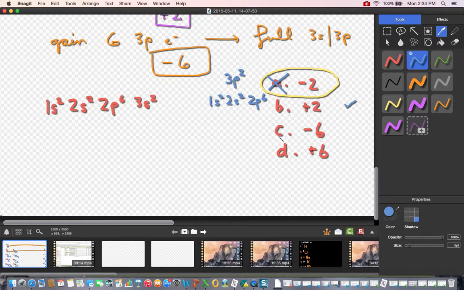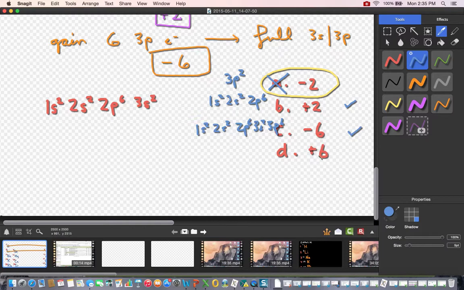Let's look at C. I would have to add 6 electrons: 1s2, 2s2, 2p6, 3s2, 3p6. I want to keep that answer as well.